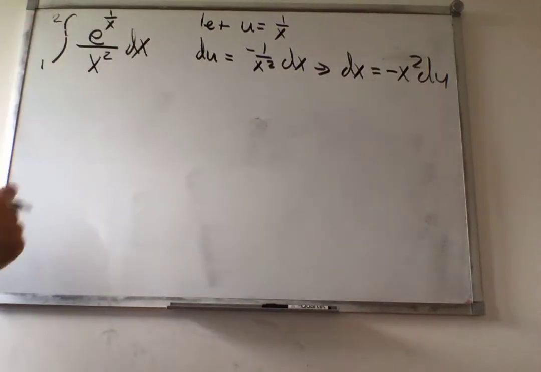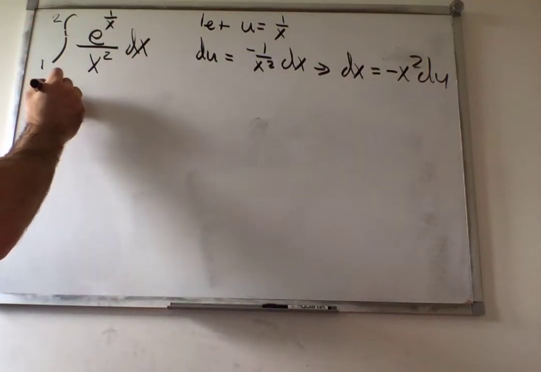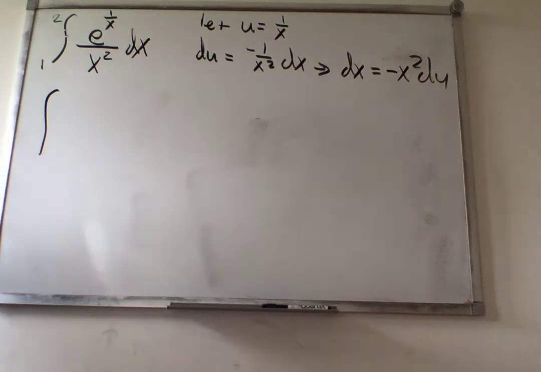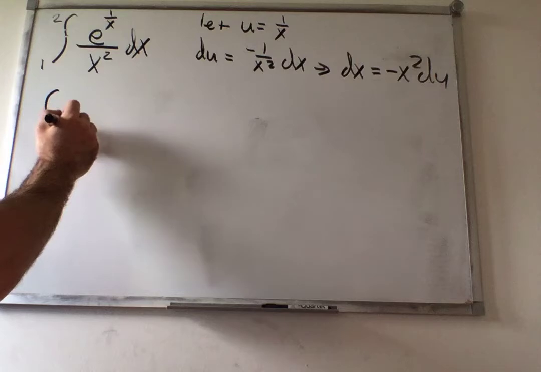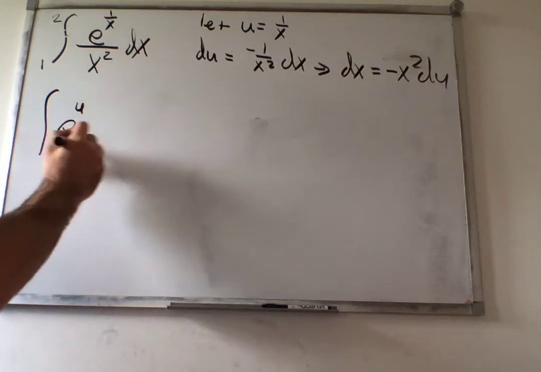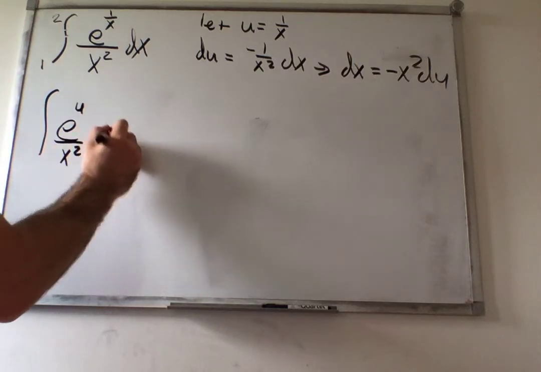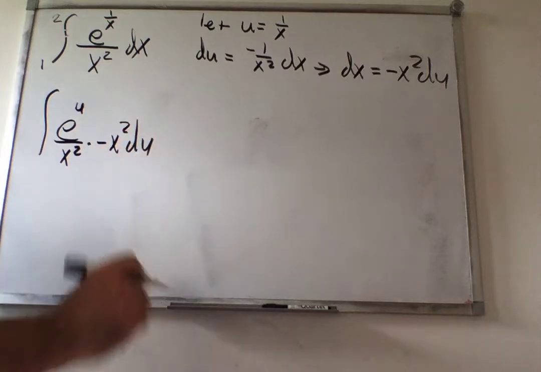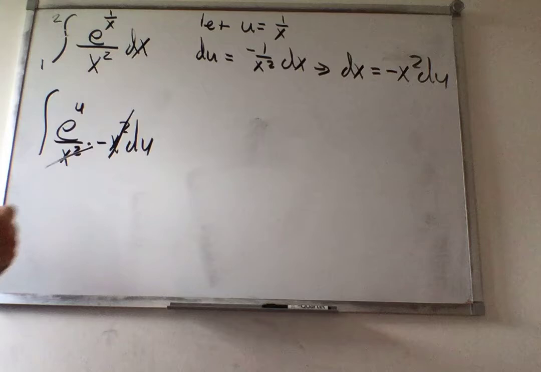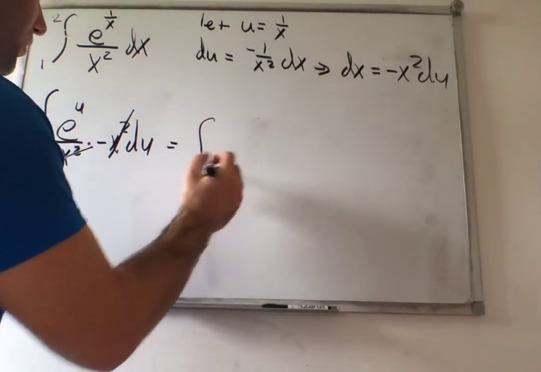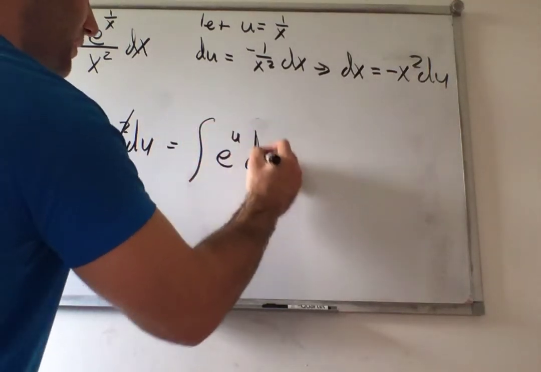Let's go ahead and make my substitution. Now I'm going to write the integral sign. I'm not going to put my limits though. We're going to wait for that. So you get e to the u over x squared times negative x squared du. The x's cancel. You get the integral of e to the u du.